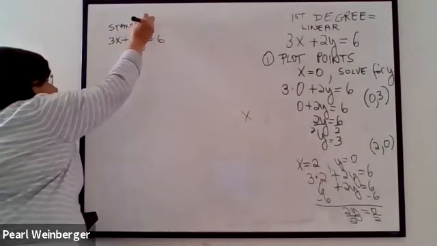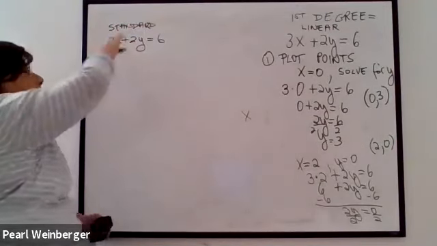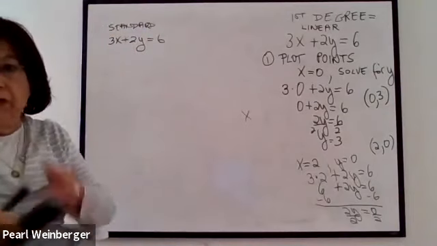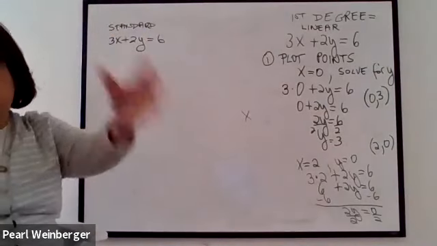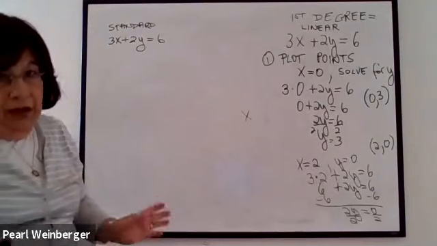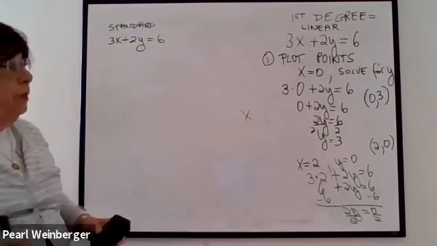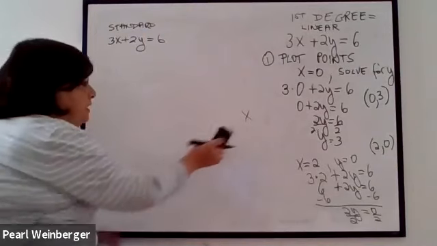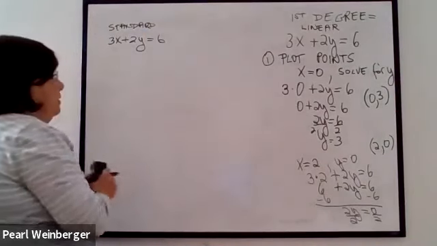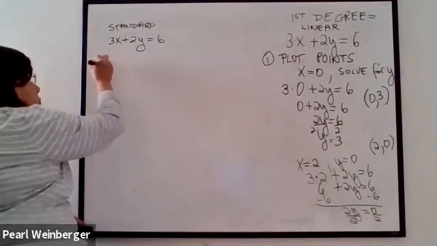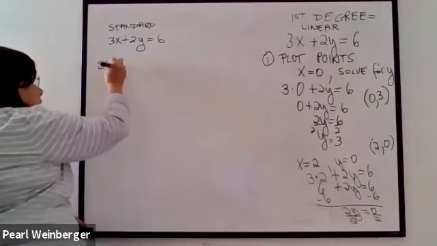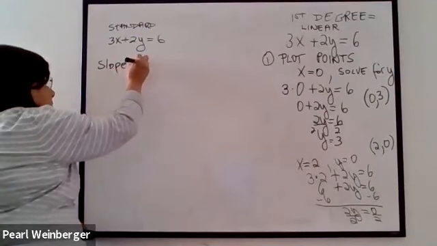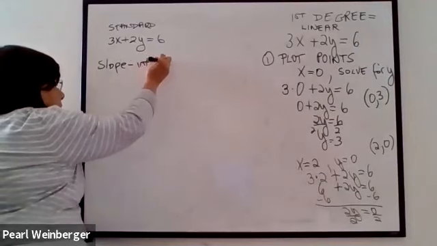The standard format is when the equation has the x's and y's on one side and a number on the other side. The format that makes it really easier to graph is something called the slope-intercept format of the line.